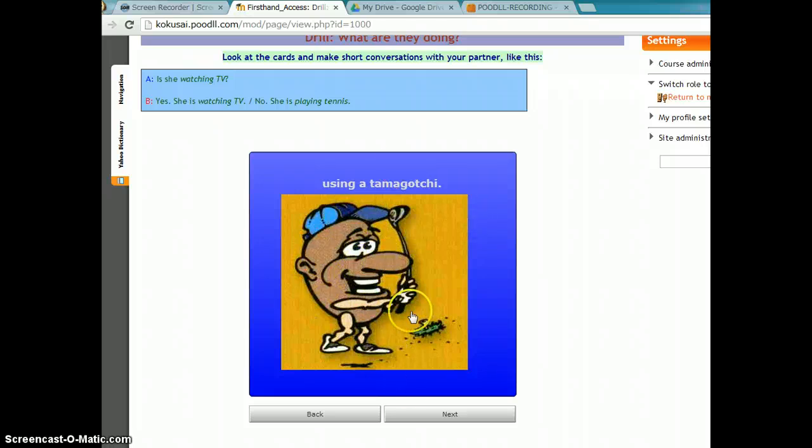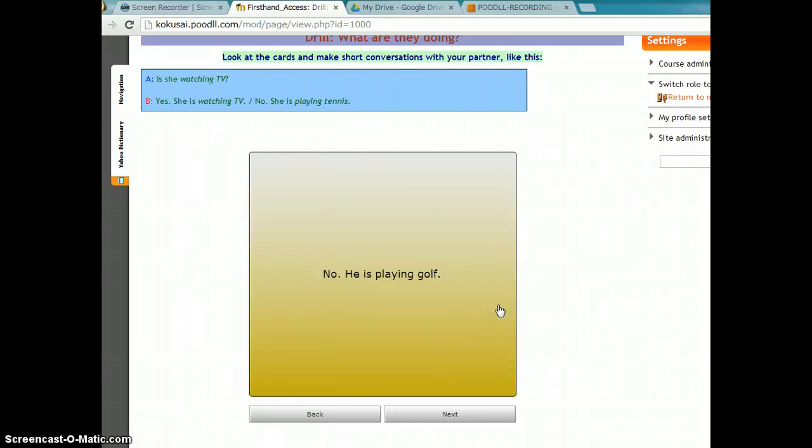But we do own the textbook, so I felt okay to add them to this activity. It's only on our school intranet. And this is the Poodle Flashcards here. We've loaded a picture and we have a text prompt here. And the student should say, "Is he using a Tamagotchi?" And he is not using a Tamagotchi, so the correct answer would be, "No, he is playing golf."